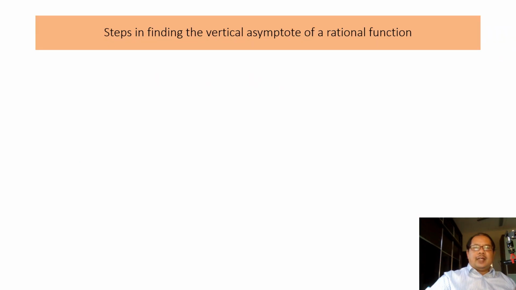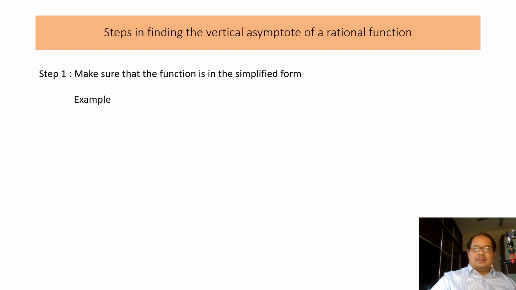Steps in finding the vertical asymptote of a rational function. First, make sure the function is in the simplified form. For example, f(x) equal to x plus 2 over x squared minus x minus 6.